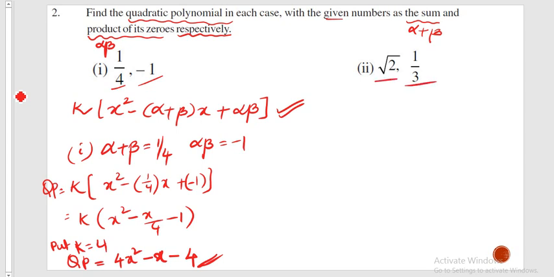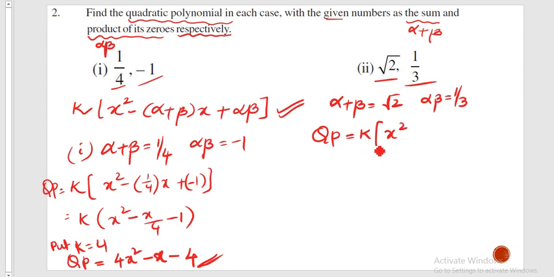Now let us move on to this situation. Here alpha plus beta is given by root 2, alpha into beta is given by 1 by 3. We already know the formula. So if you substitute, the quadratic polynomial is k times of x square minus of root 2 into x plus 1 by 3.